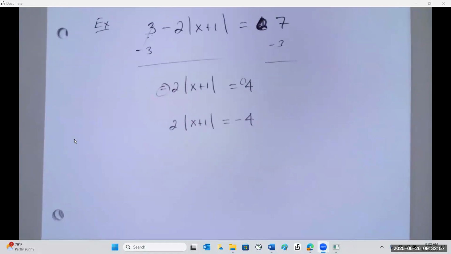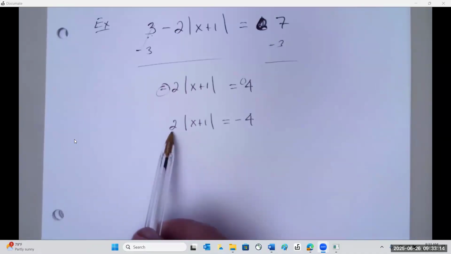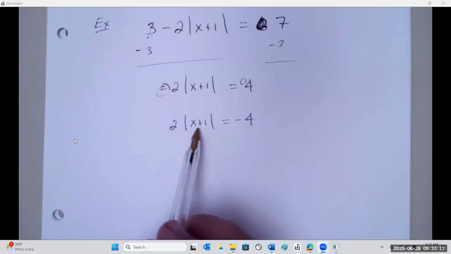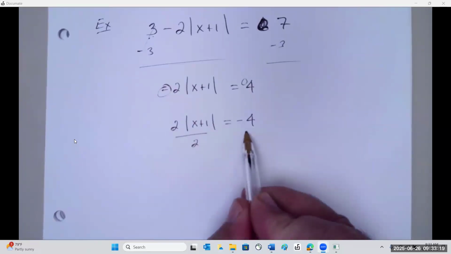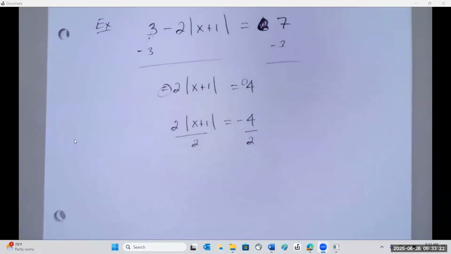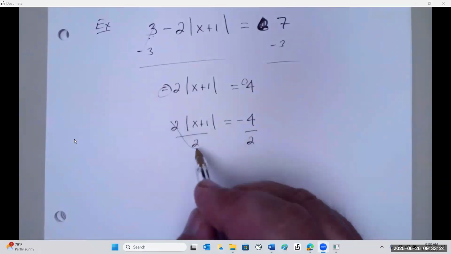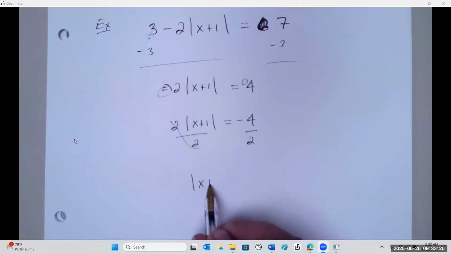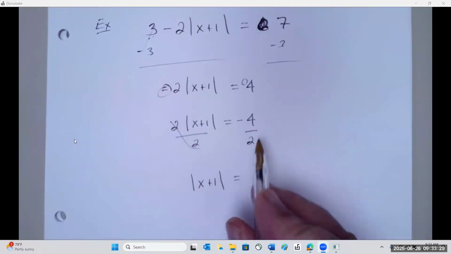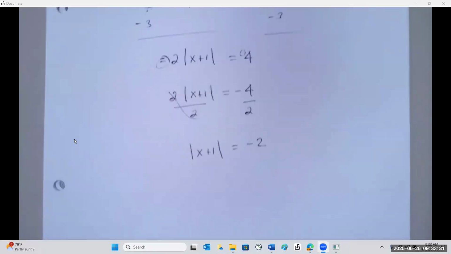Next step. You try to get the absolute value by itself. Is it by itself? No, it's got a 2 in front of it. How do you get rid of the 2? Since it's multiplied, we divide both sides by 2. The twos cancel. -4 divided by 2 is -2.